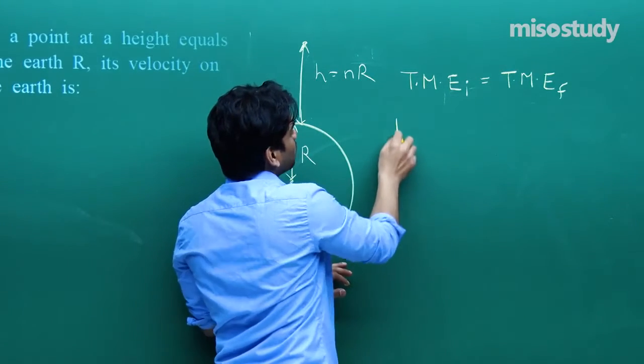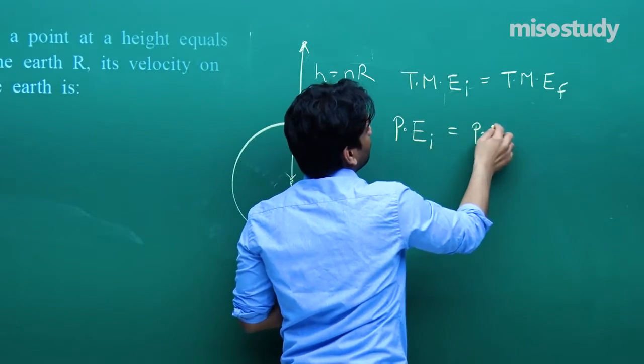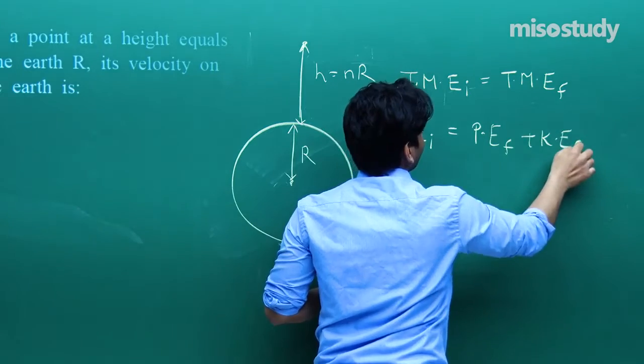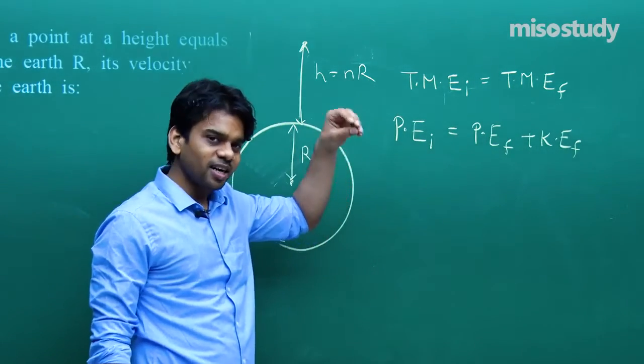So at the topmost point you will have potential energy only. Potential energy initial is equal to potential energy final plus kinetic energy final. I have not used kinetic energy for initial because the body will be at rest when it's released.